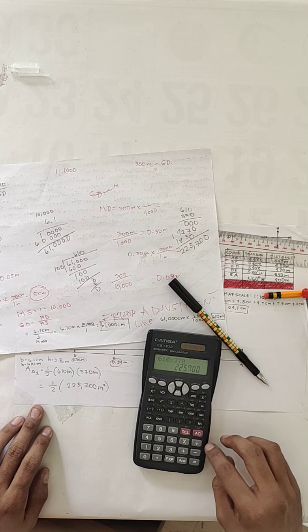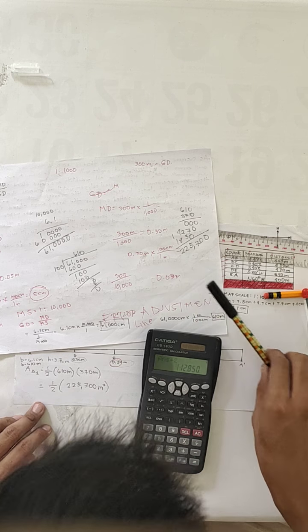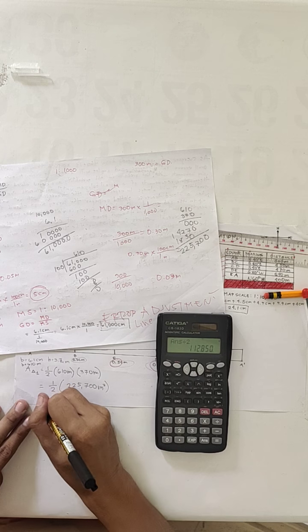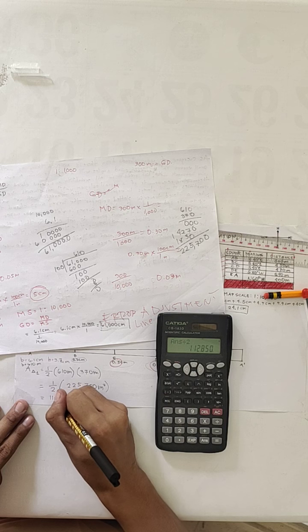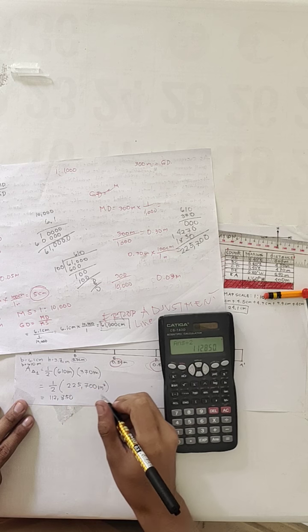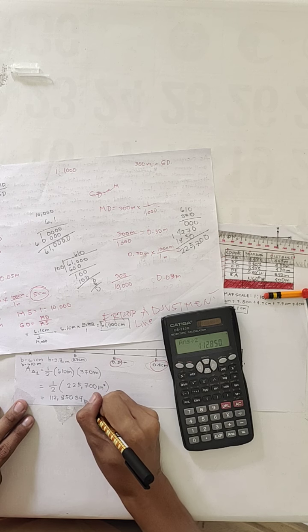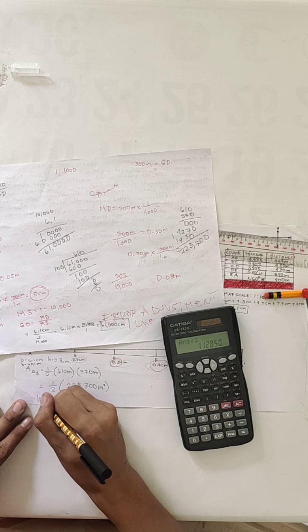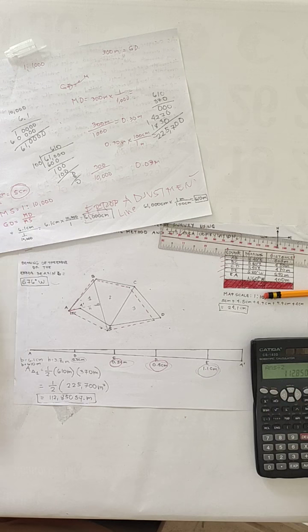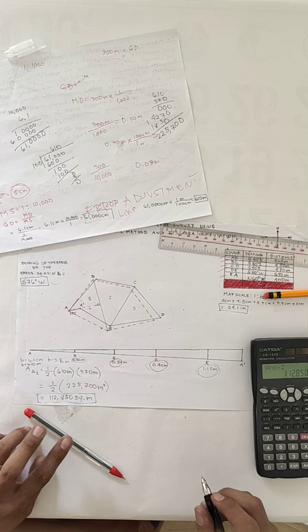Times 1/2 is 112,850 square meter. This is the area of triangle 1: 112,850 square meter or meter squared.